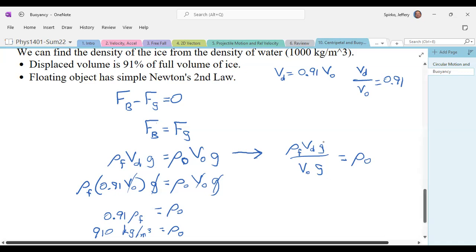Then the G's cancel, and I get rho fluid times V displaced per V object, and that is my density of the object. And that also is the same equation. So when you do algebra work, there's always choices involved in how you do your step-by-step process. But if you're doing consistent algebra, you should always end up with the same thing.